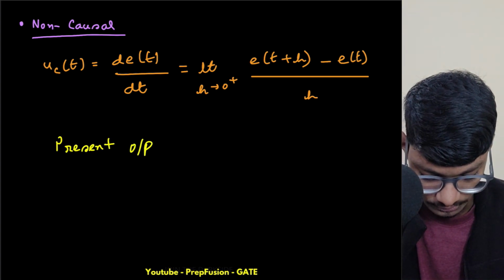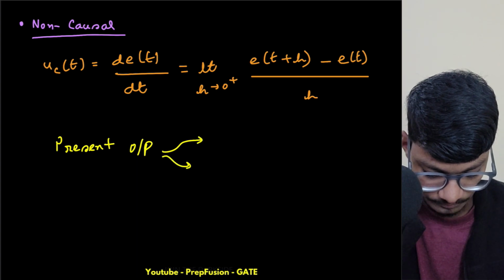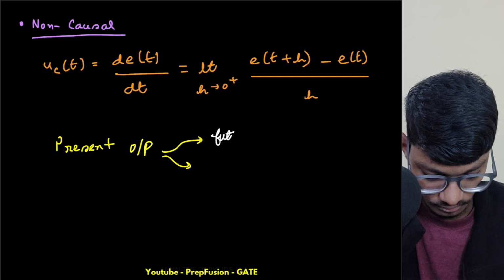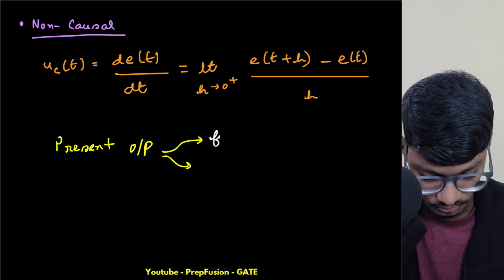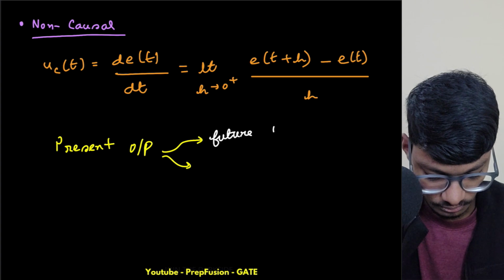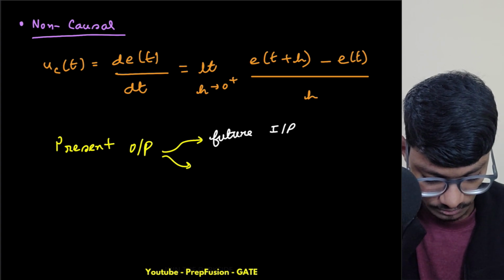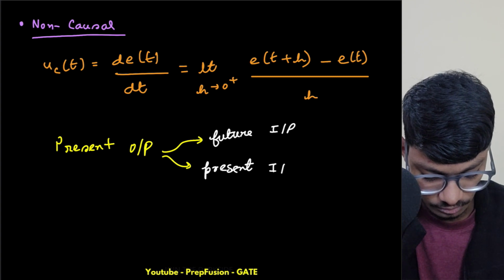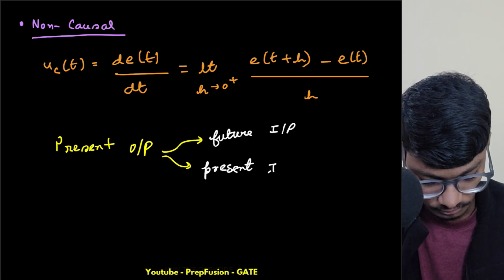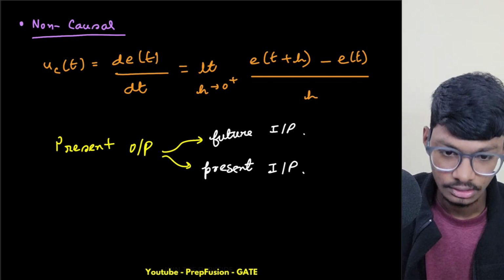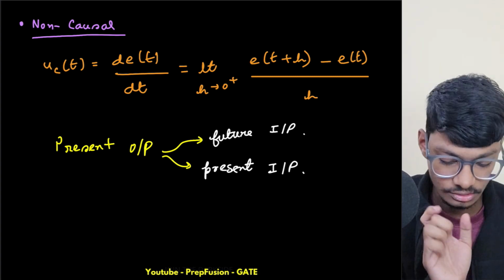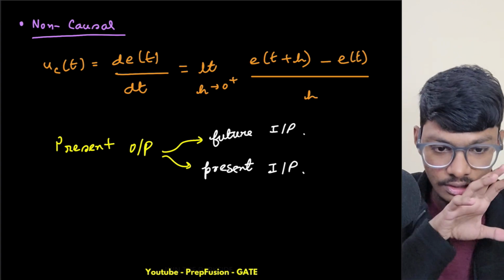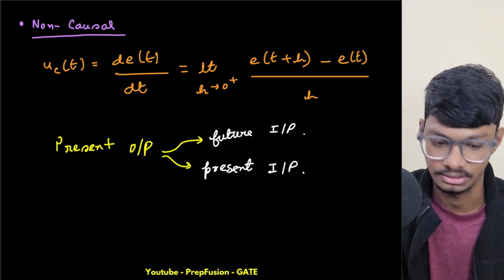So the present output needs two things: future input and present input. That's why we don't use a PD controller or differentiator controller alone.